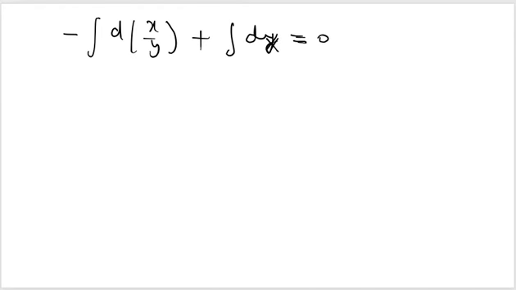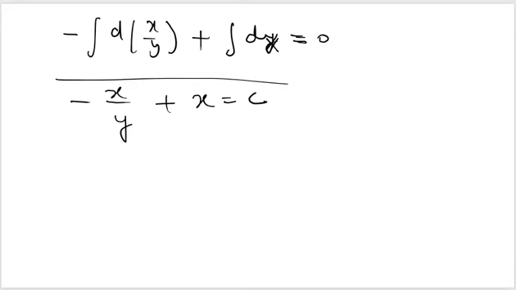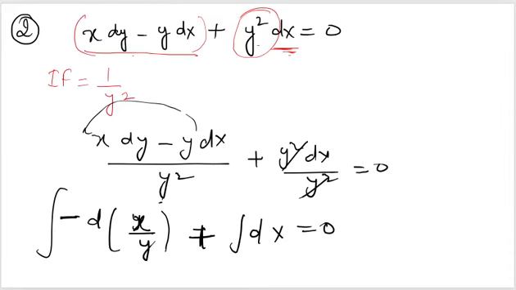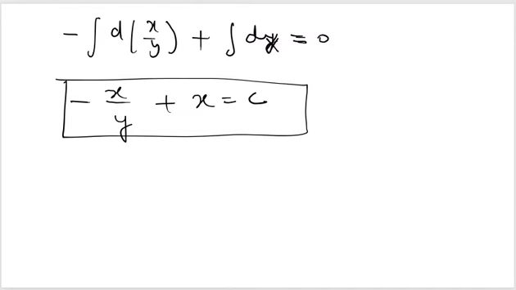So after integrating, the d and the integral will go away, you are left with only x by y, and on this side the integration of dx is x and a constant of integration, so that becomes our solution. So usually in this method we first have to spot the right integrating factor, and then we can rewrite it into d form, and then we can integrate on both sides and get the solution directly.